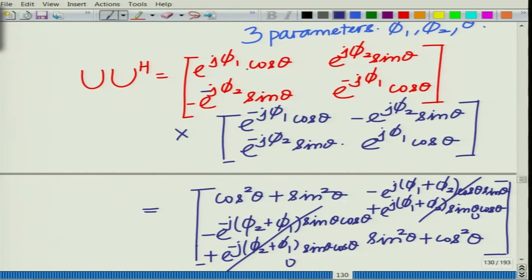Just doing one final check: e raised to minus j phi 1 cosine theta, minus e raised to minus j phi 2 sin theta, e raised to minus j phi 2 sin theta, e raised to j phi 1 cosine theta. So this is going to be this.